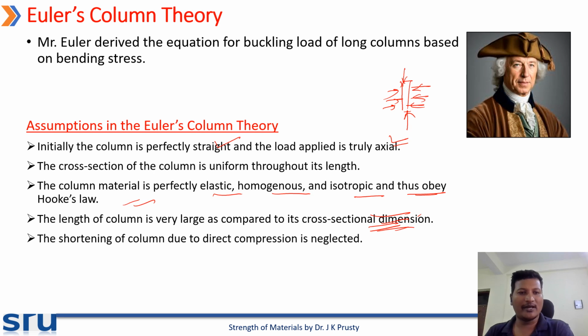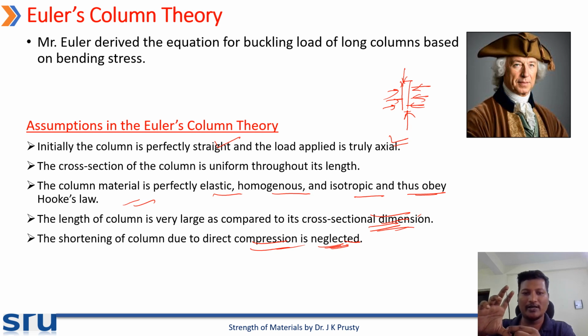And the next assumption is that the shortening of the column due to direct compression is neglected. Because the length is so large as compared to its cross-sectional dimension, when the load increases, Euler's theory expects that it fails only due to buckling load, or the bending stress.